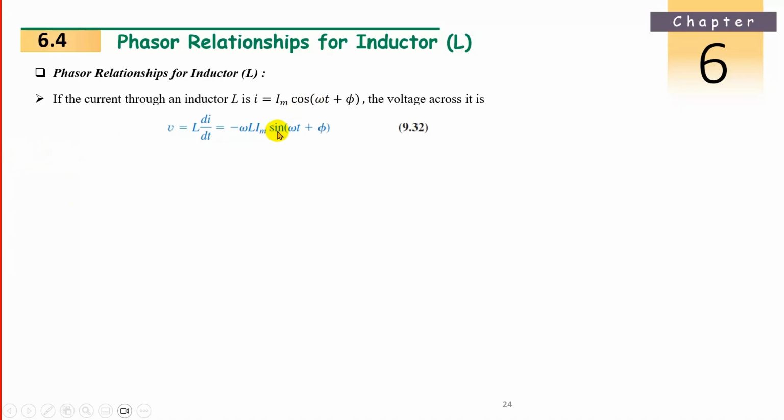We have to add plus 90 degrees. When we convert the sine term into the cosine term, we have to add plus 90 degrees, cos plus 90 degrees. It is nothing but your cosine term.